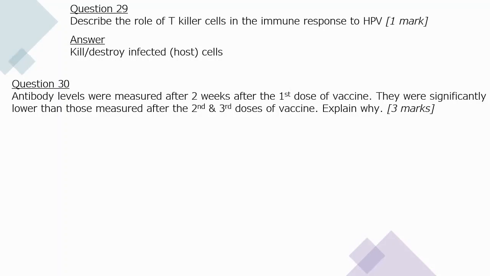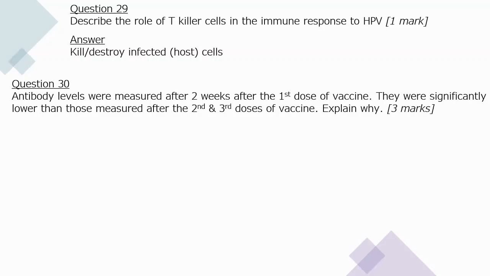So the first exposure to the pathogen, or in this case, because it's a vaccine, it'll be an attenuated pathogen, which means it's non-viral, it's not going to harm you as such. But anyway, the first exposure, so there's not going to be any memory B cells produced, so this means it takes time for clonal selection and expansion and for plasma cells to be produced, and only a small number of plasma cells are produced.